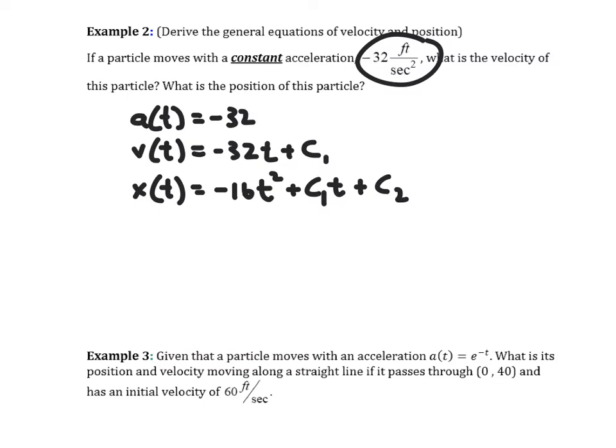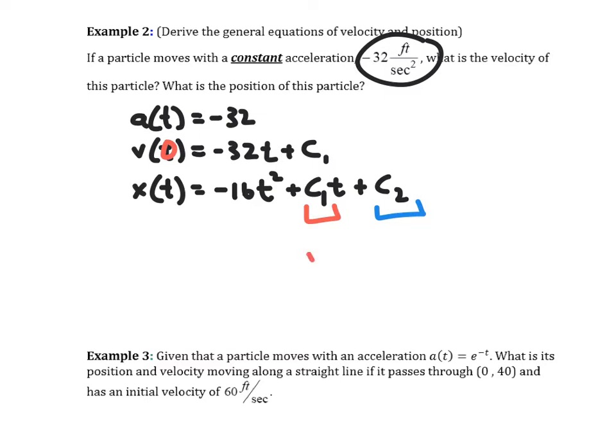Okay, so this value right here, I'm going to assign a variable to, and I'm going to assign another variable to this. Alright, this is going to work in this case and not necessarily in others, but only with this gravity situation. Okay, so c1 is actually the velocity at 0, so the initial velocity.